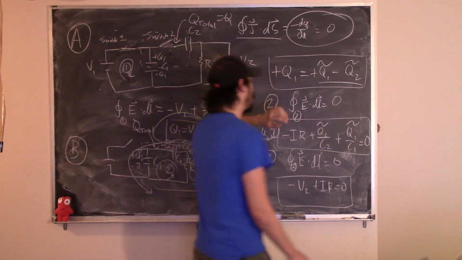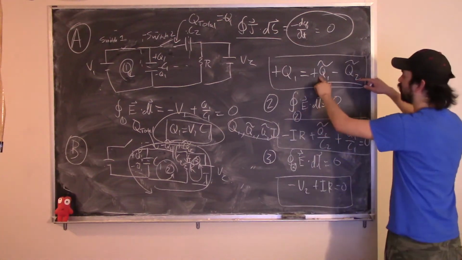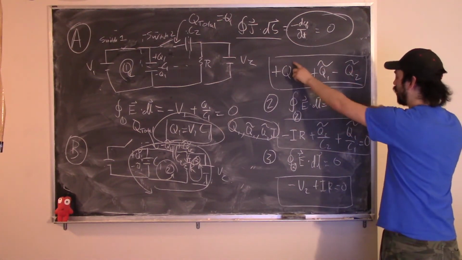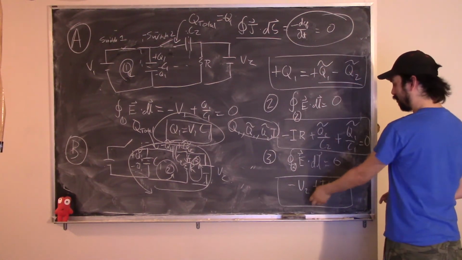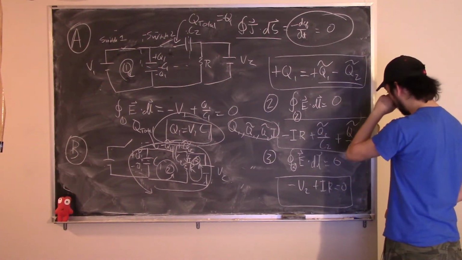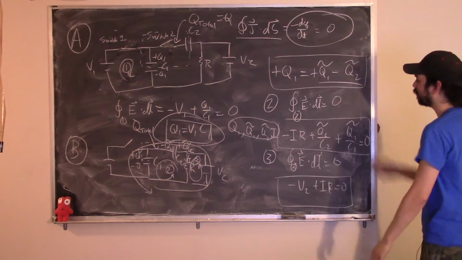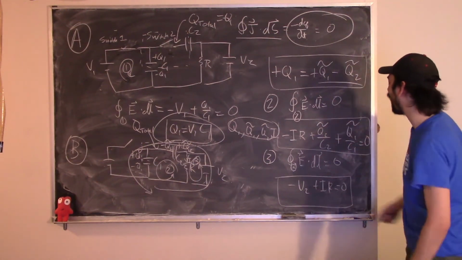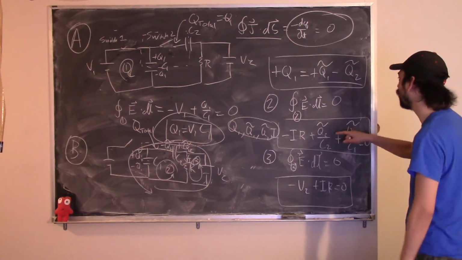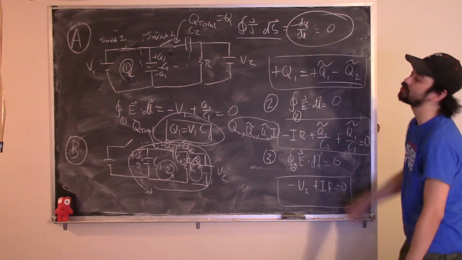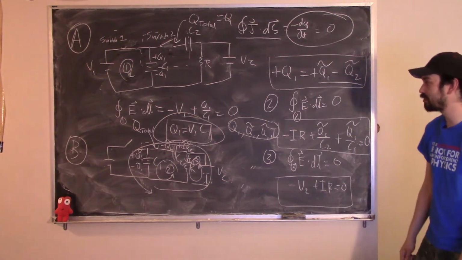And then I could solve this equation for Q1 tilde. And then plug it into this equation. Plug my I into this equation. Then this equation would only have a Q2 tilde. I could solve for that. And then I could take whatever I found Q2 tilde to be and plug it back into this equation, and that would give me what Q1 tilde is.